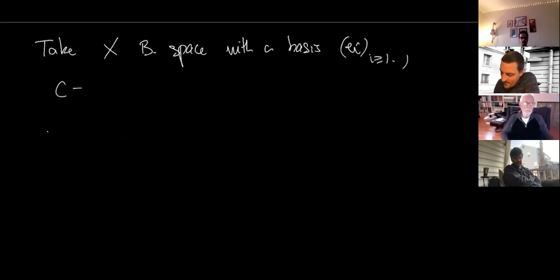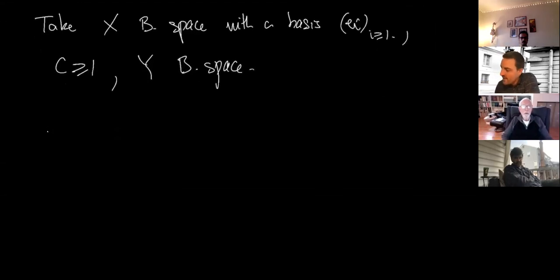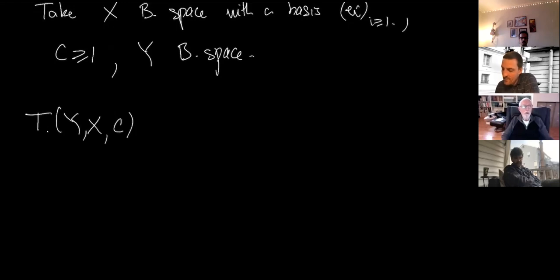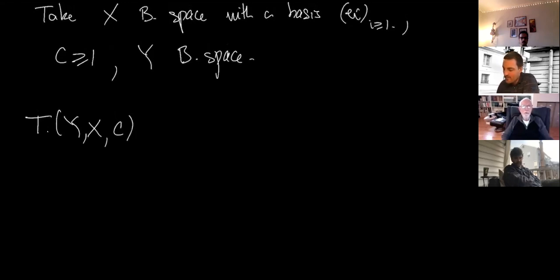And if I fix a constant C greater than 1, and if I give myself another Banach space Y, I will define T of Y, X, C. It's really not about the Banach space X, it's about the basis, but to simplify the notation a little bit, let me write X.